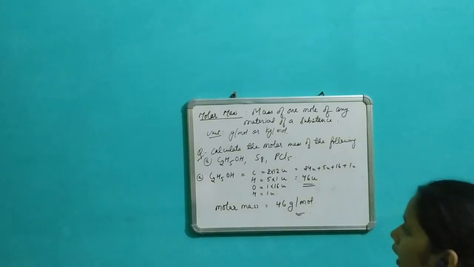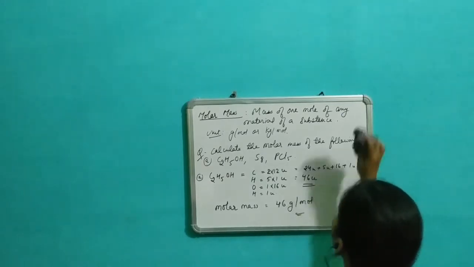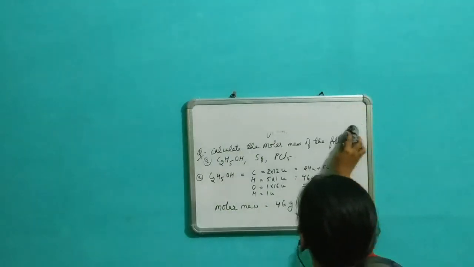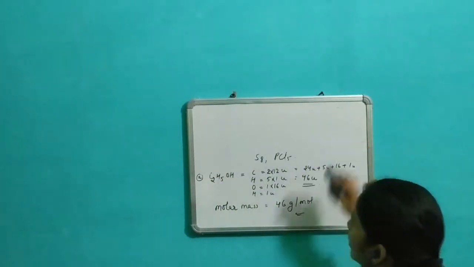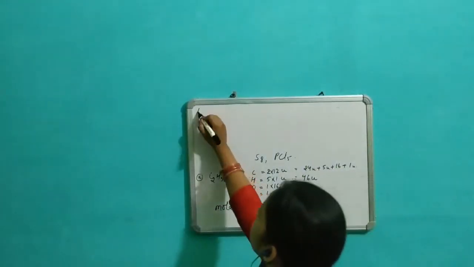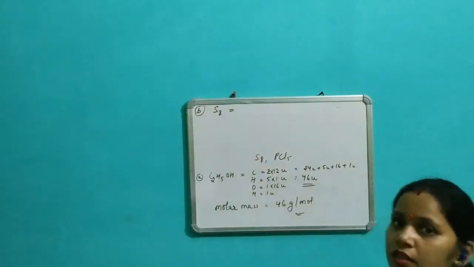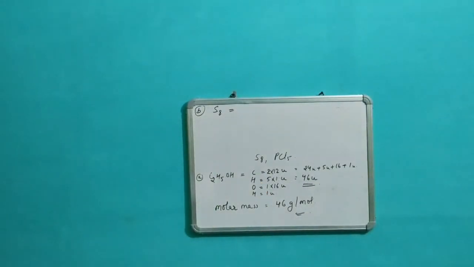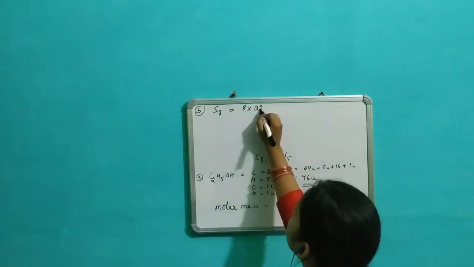Okay. Another example is of S8. So second we have S8. We know the sulfur atomic mass is 32. So here we have 8 atoms into 32 unit.